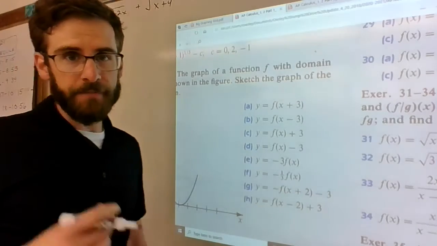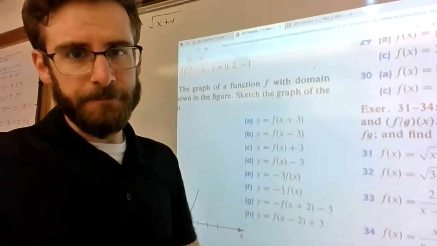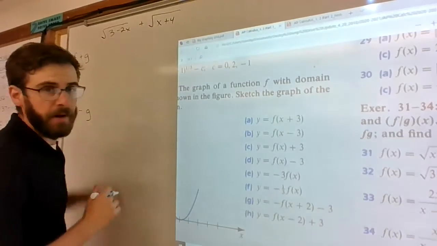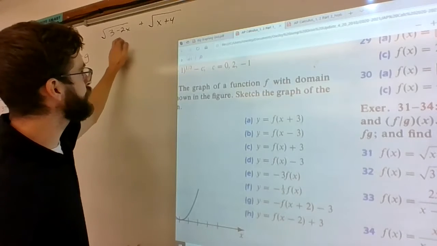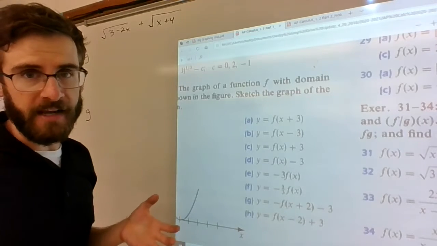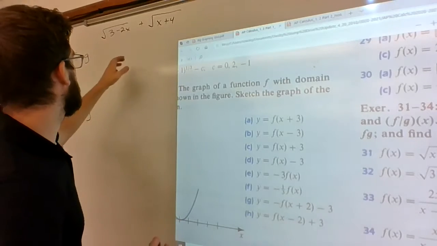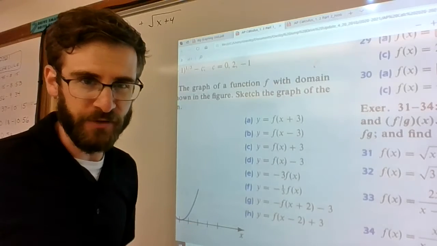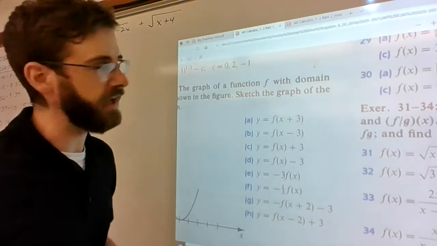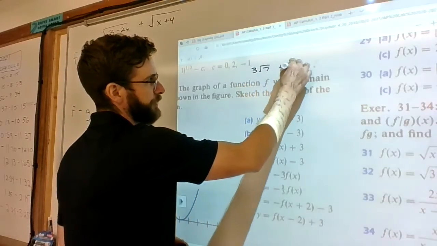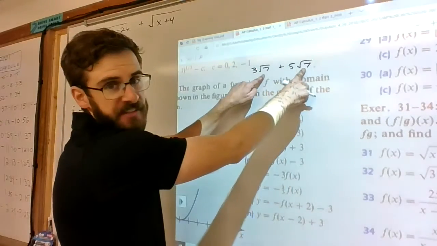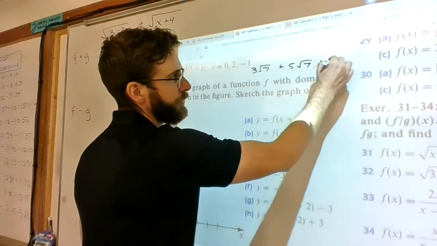Now right off the bat, you'll find pretty quick that the actual composite function itself is not a difficult task. You put a plus between two roots, you can only actually combine what's inside the roots. Actually, you can't combine what's inside the roots ever. All you can do is say, hey, I've got 3 root 7 plus 5 root 7. Since they have the same root, you can call that 8 root 7.